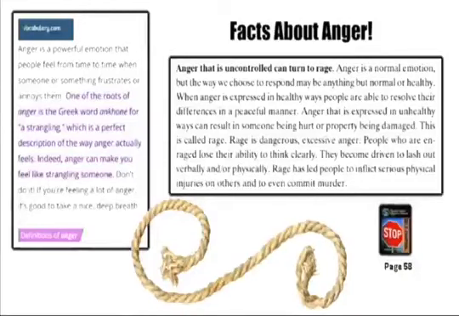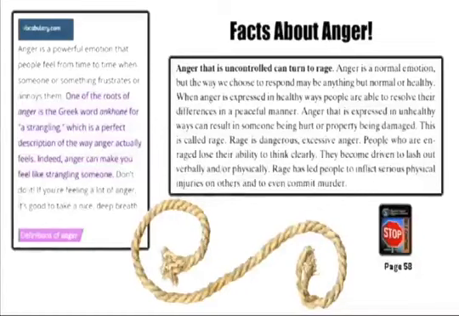It's where the word strangling comes from. And it says, which is a perfect description of the way anger actually feels. Indeed, anger can make you feel like strangling someone. Well, anger cannot make you feel like strangling someone. Okay? So let me clarify what they're saying here.